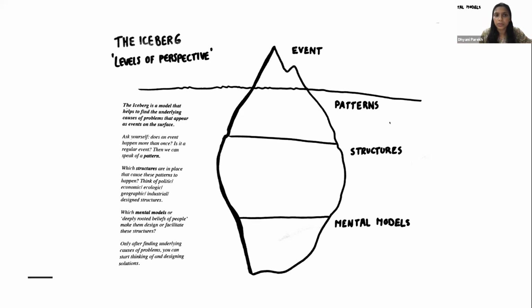So what happens with something like this, it helps you give perspective to the kind of problem you're looking at. You look at it from a lens of when it's happening. You look at all sorts of structures that are making sure that the problem is accelerated. And then you're looking at the kind of approach and attitude humans have or have been having towards this problem.